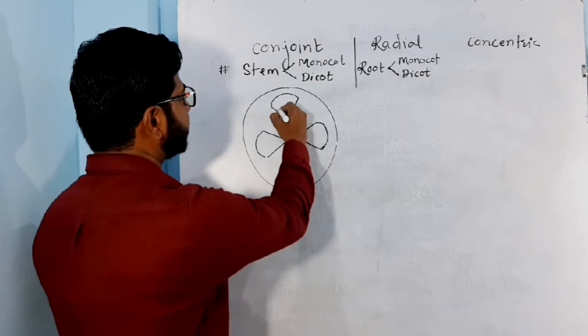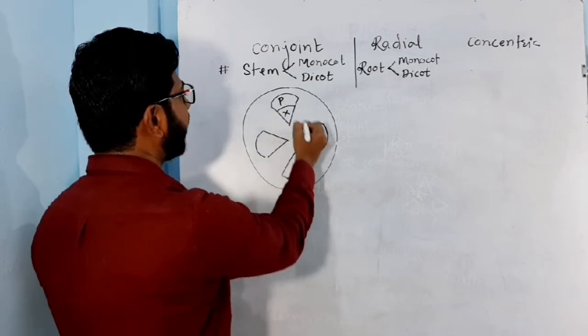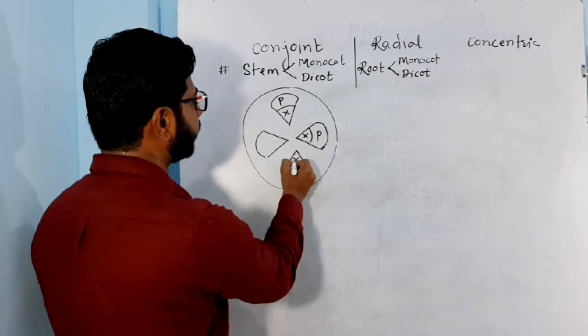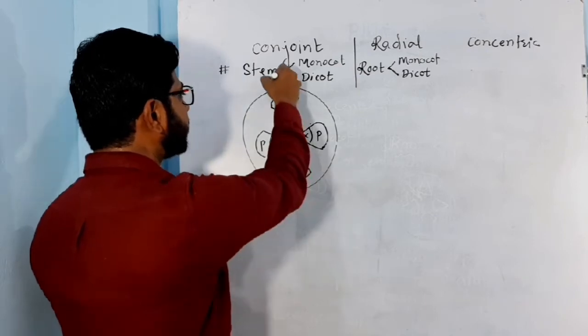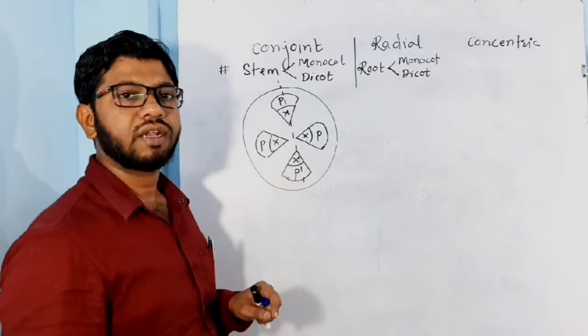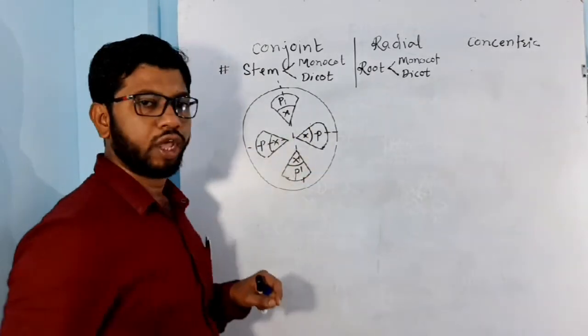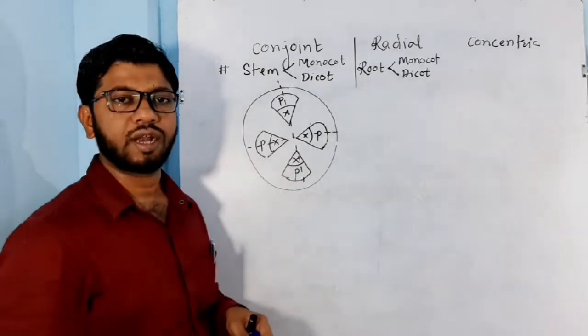Now in this case, the central facing is xylem and towards the periphery the vascular bundle is phloem. This type of arrangement contains xylem and phloem on the same diameter. So you can look that the same diameter contains both xylem and phloem. It is called conjoint type of vascular bundle.